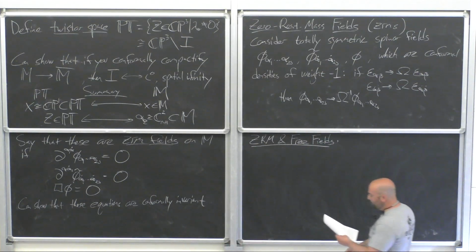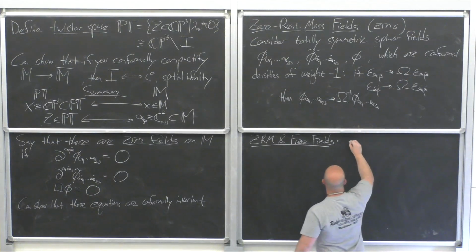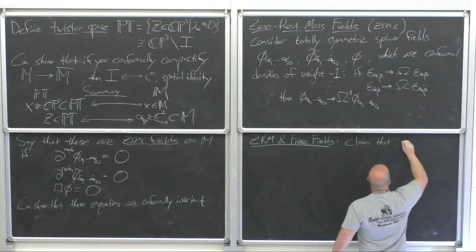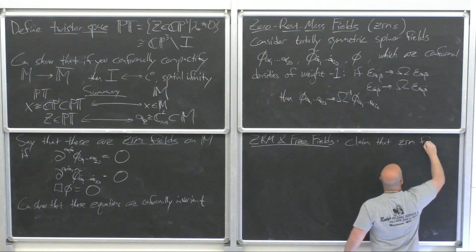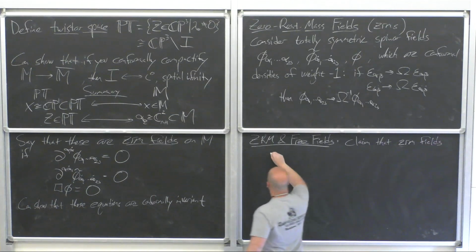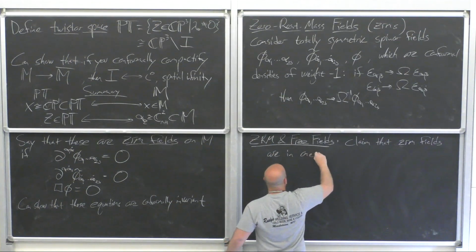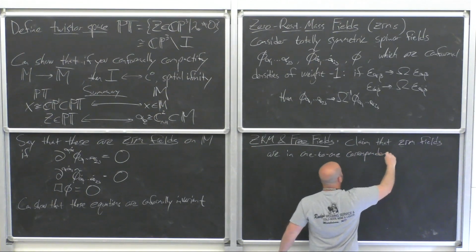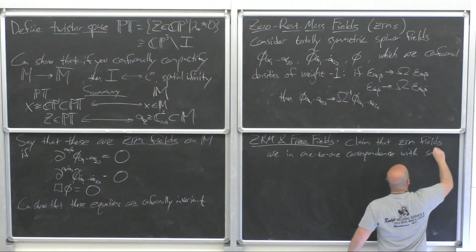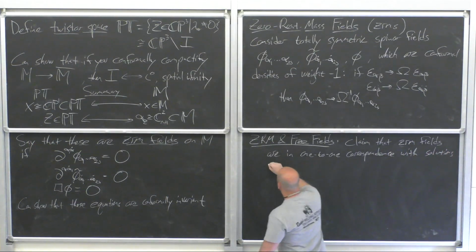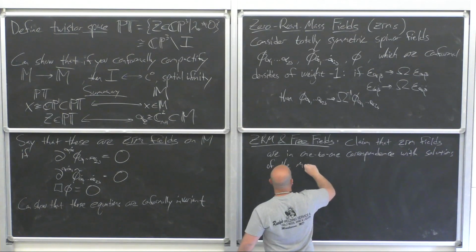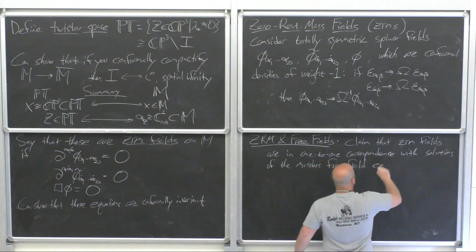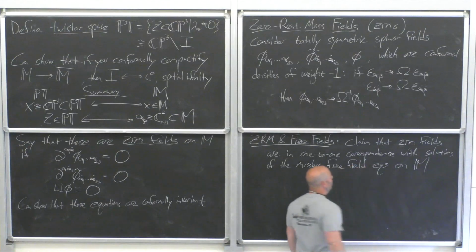So the claim is that solutions of the zero rest mass equations are in one-to-one correspondence with solutions of the usual massless free field equations on M, okay?